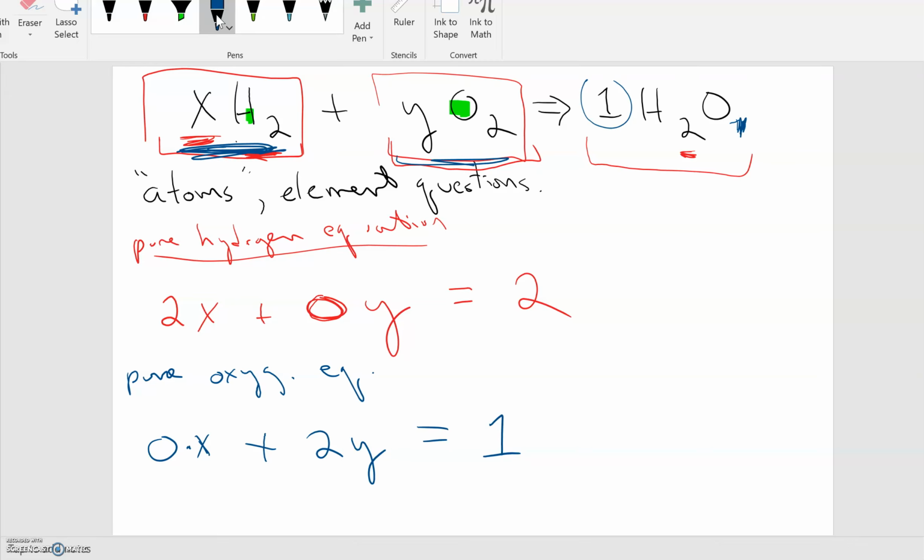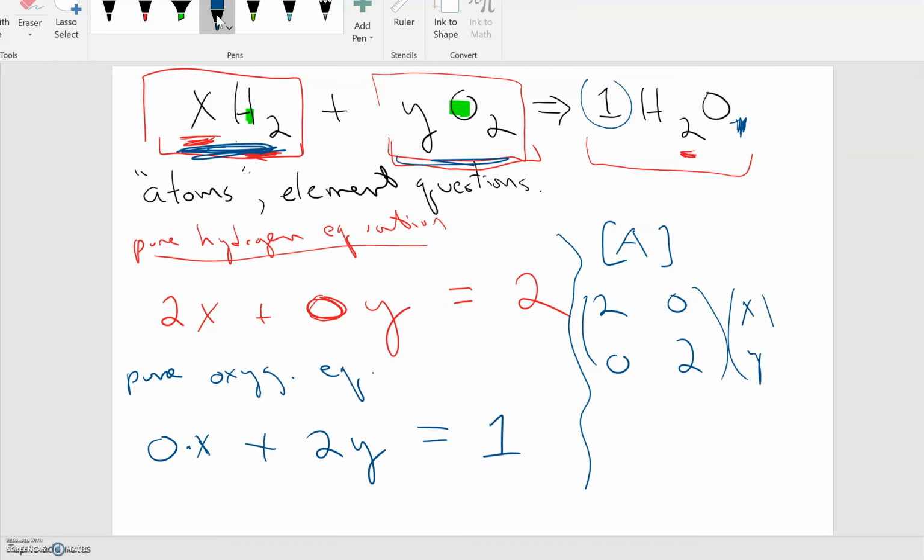Now you probably could just balance this equation by guessing, but we can also use this matrix system. So my A matrix would be 2, 0, 0, 2. My unknown would be x, y.